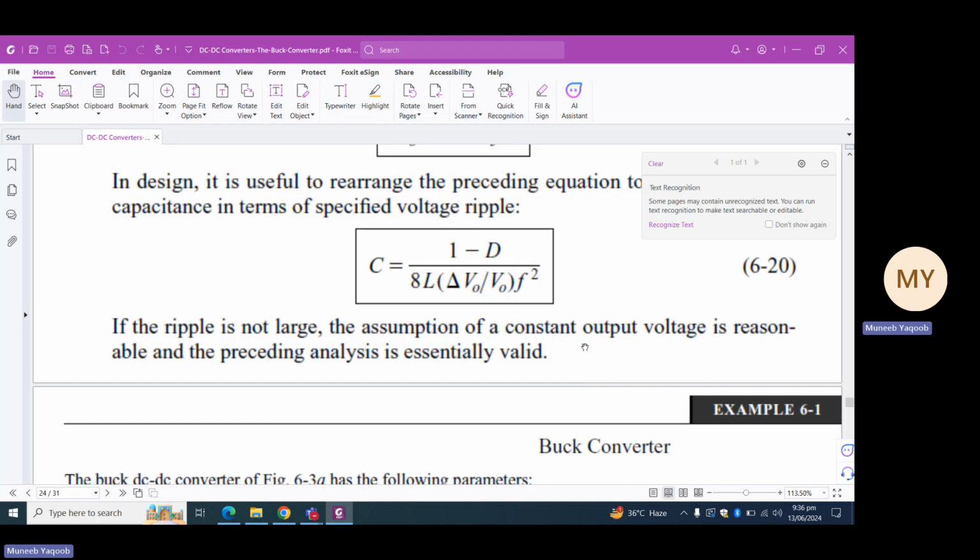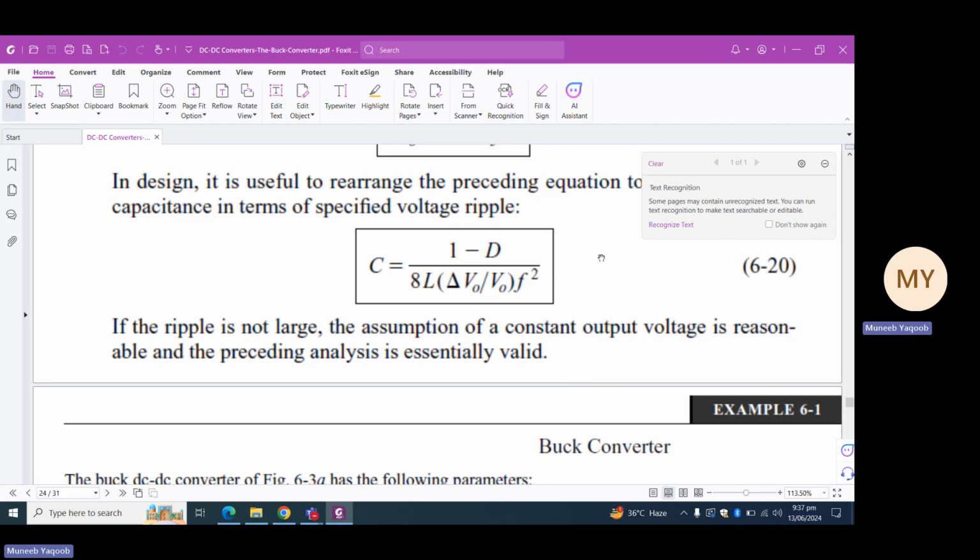The conclusion is that buck converters are DC-DC converters that convert a higher DC voltage to a lower DC voltage. And when the buck converter is in continuous conduction mode and the switch is closed, the voltage across the inductor is Vs minus V out. And when the buck converter is in switched off mode, sorry, then the voltage is equal to minus V out.